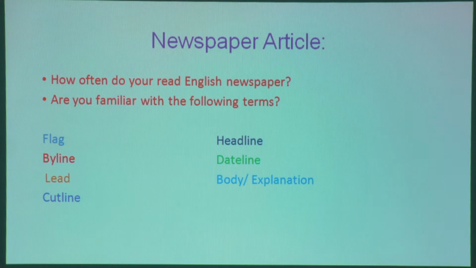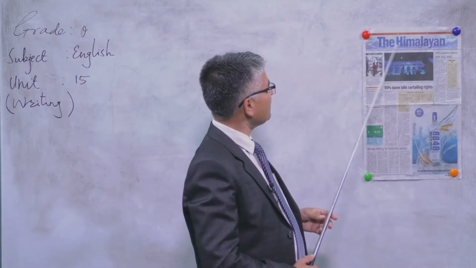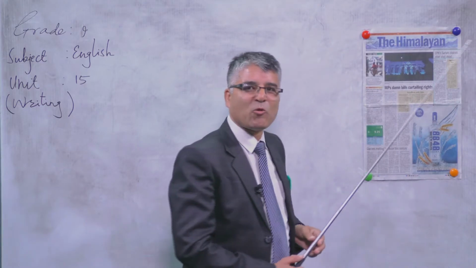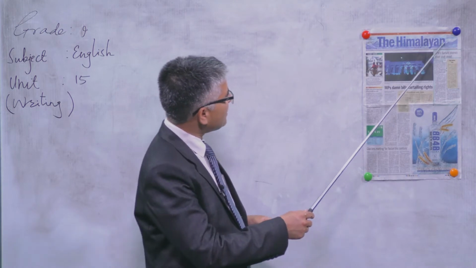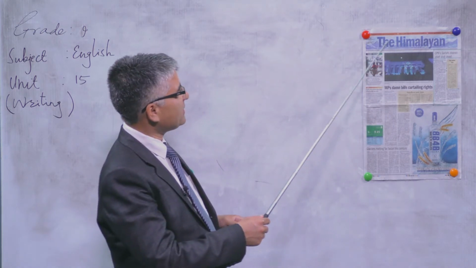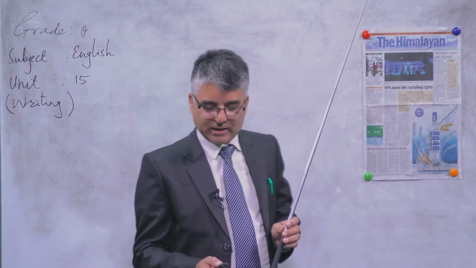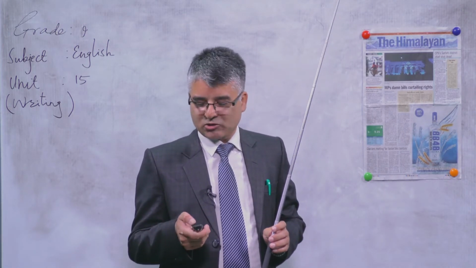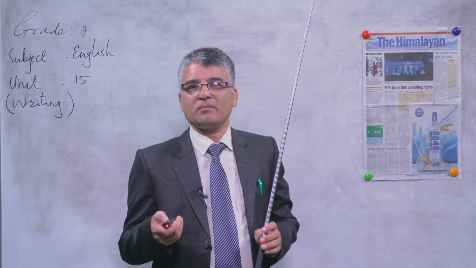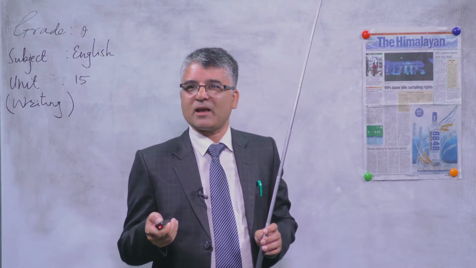Let's see. This is the newspaper. The name of the newspaper is the Himalayan Times, we know. And here is a large banner, the name of the newspaper. In the term of journalism, it is called the flag, right?